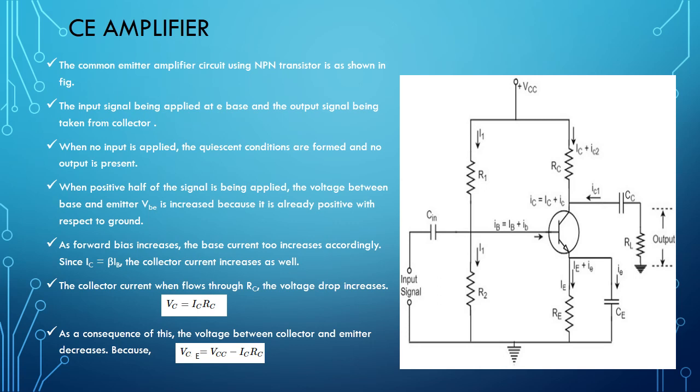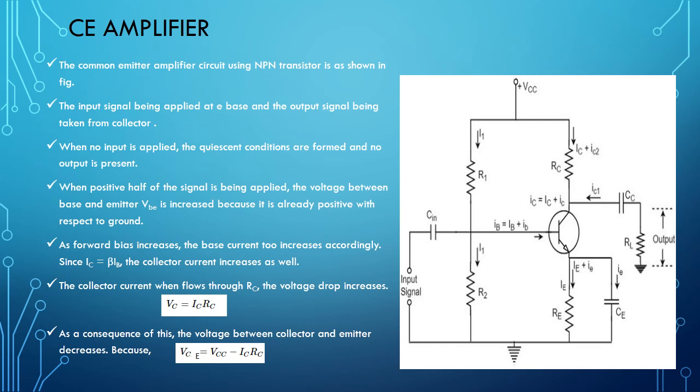Now, when the input signal is applied between the base and emitter of the transistor, the output signal is taken between the collector and the emitter. When no input signal is applied, there is no output.